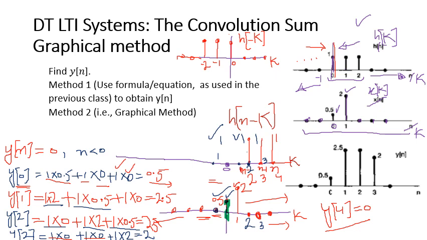So I can write the generalized expression for y of n. y of n equals 0 when n is less than 0.